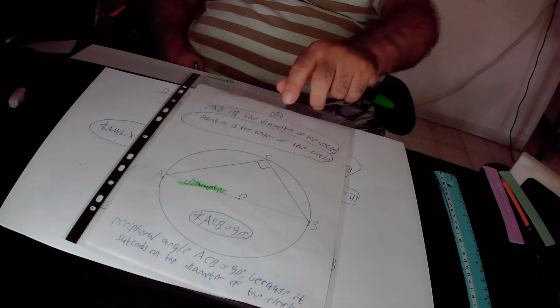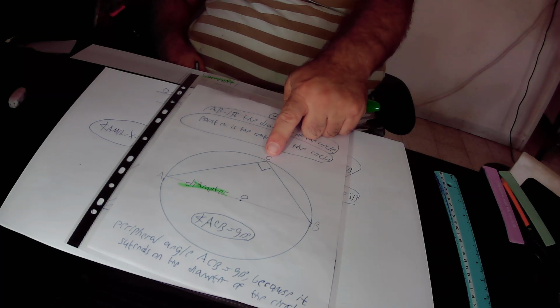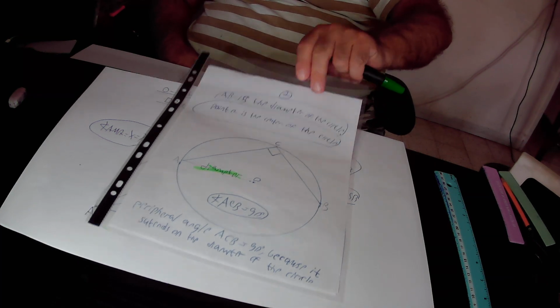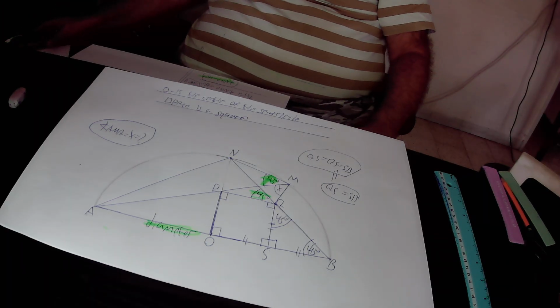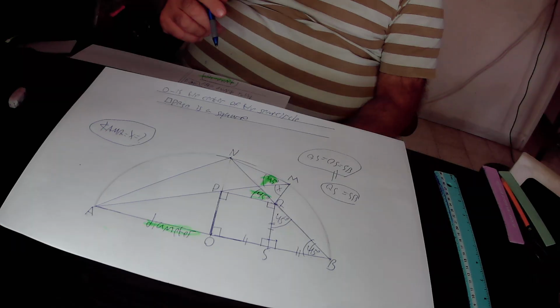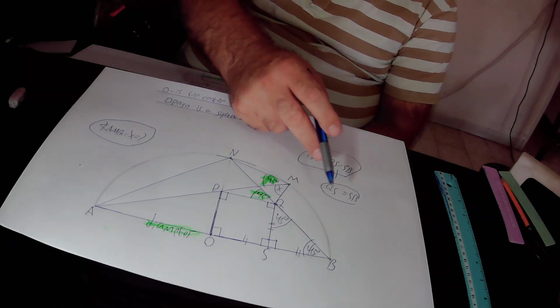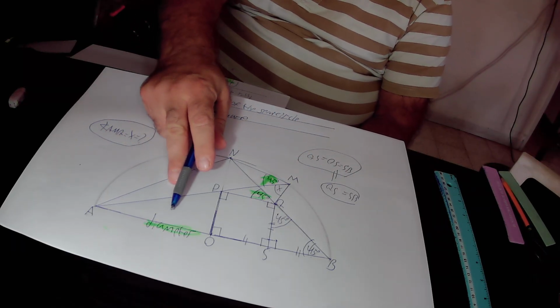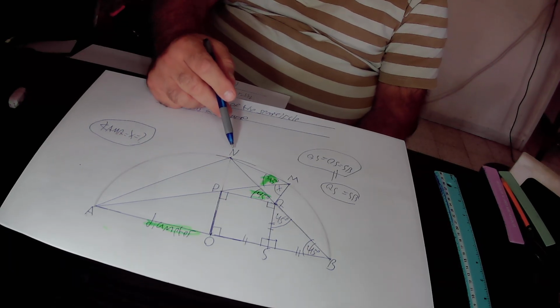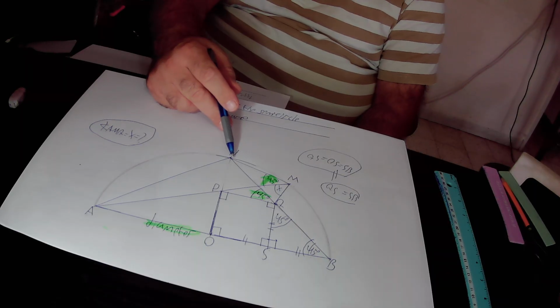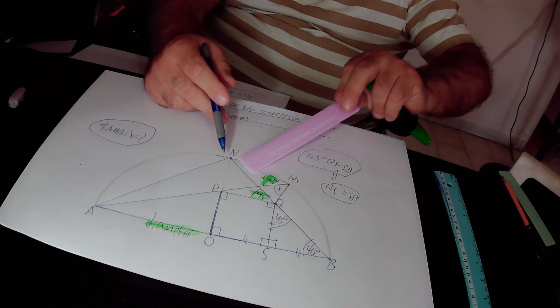You can see that peripheral angle ACB equals 90 degrees. We can implement rule 7 in our drawing. In our drawing, we have angle ANB that subtends the diameter of the circle, which is AB. And the whole angle ANB must be equal to 90 degrees in its size according to rule 7.